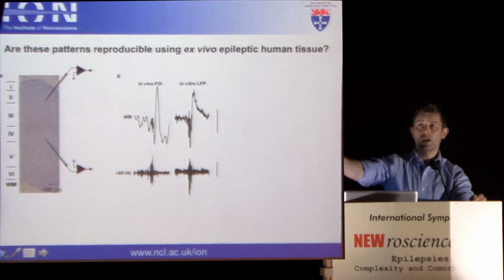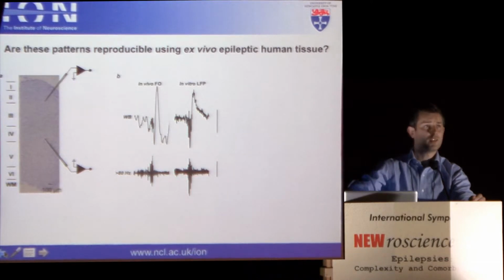And as you can see, you have the presence of these large interictal spikes, which when you filter them, you can see, and it's even obvious from the raw data, the presence of a high-frequency oscillation here. And this is a recording from tissue obtained from the same patient, where again you can see the spontaneous interictal sharp wave with a very fast oscillation embedded within it.